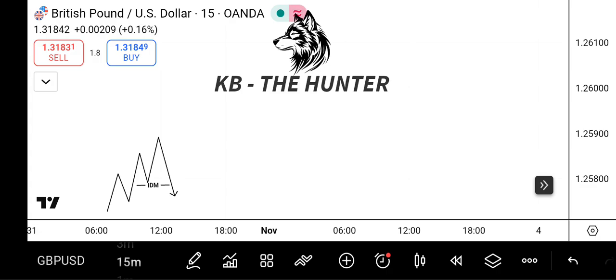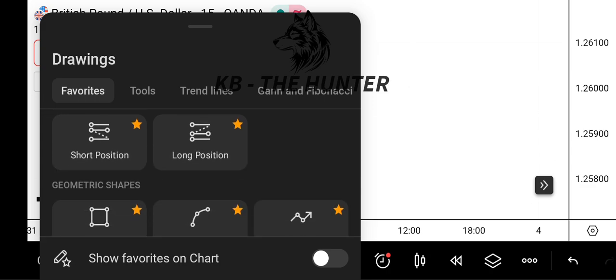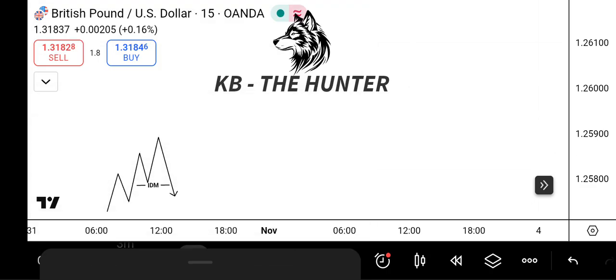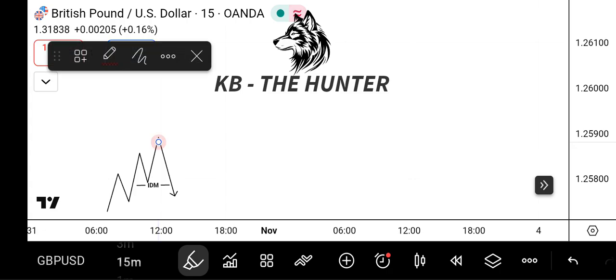So when markets take inducement, that means this high has been confirmed. Now that is our higher high.